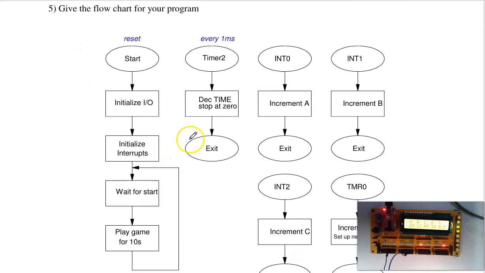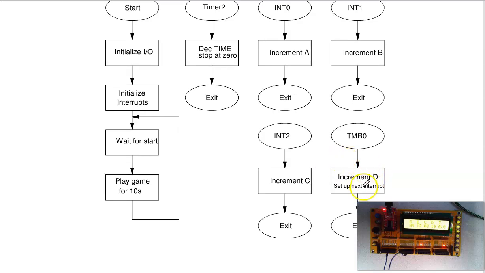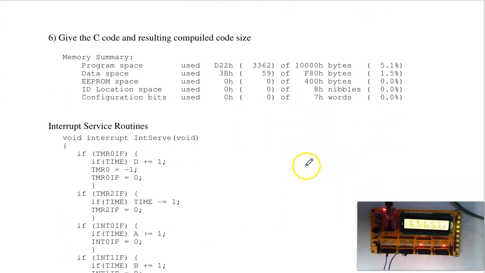In that case, my flowchart actually has 5 subroutines, or 5 flowcharts. The main routine on reset, the timer 2 interrupt every 1 millisecond, and then INT 0, 1, 2, and timer 0. When I compile the code, that was 3362, or 5% of the PIC memory.